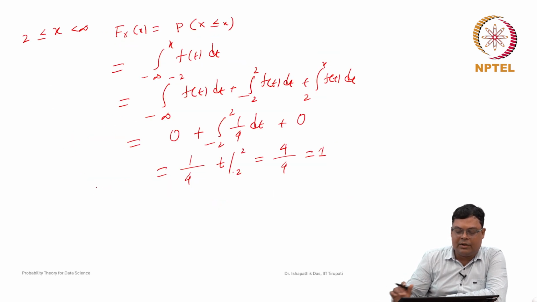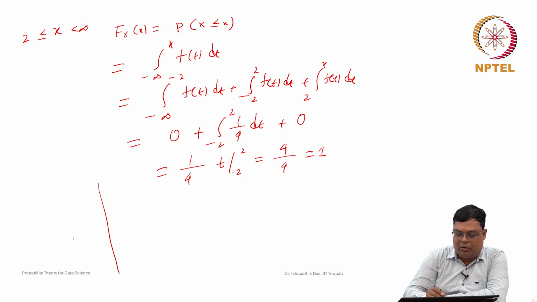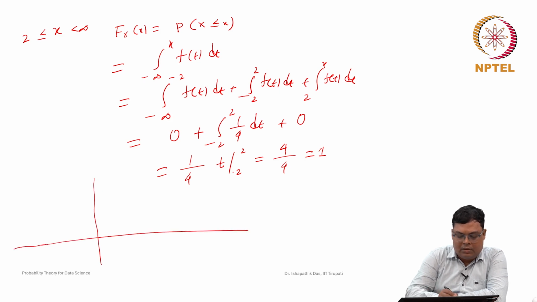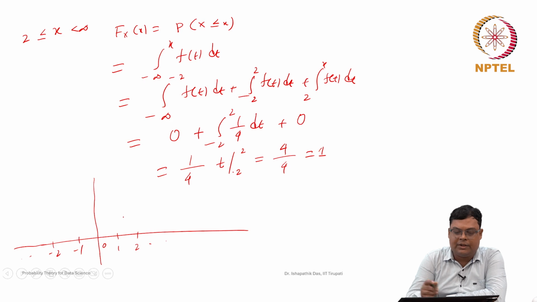So, how does this cumulative distribution function look? You can see that. This is 0, minus 1, minus 2 like this, and 1, 2 like this. The density function is constant, but how does the cumulative distribution function look? It is 0 up to minus 2.